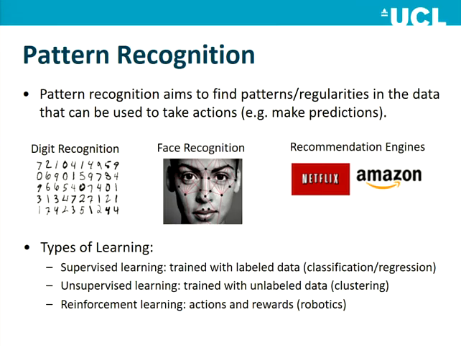But there are other types of learning, such as unsupervised learning, where we don't have the outputs, we just have the input, so we train the algorithms with unlabeled data. An example is clustering analysis, and you'll be hearing more about that later in the day. And there are other types of learning as well, such as reinforcement learning that involves actions and rewards, and we can find examples in robotics. But I will be focusing on supervised learning in this talk today.